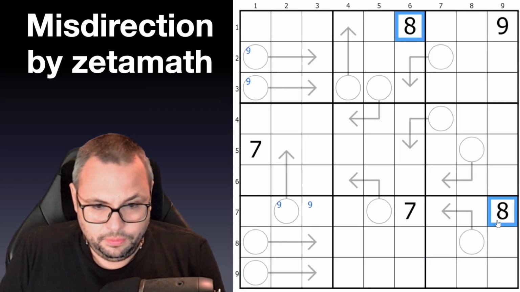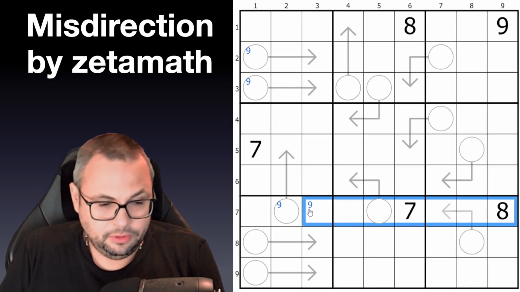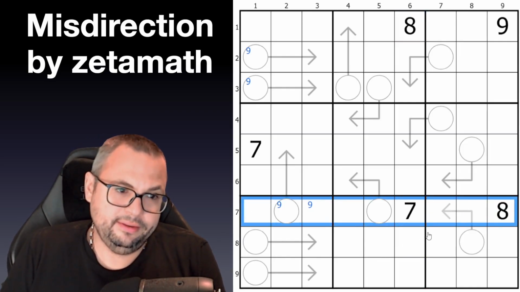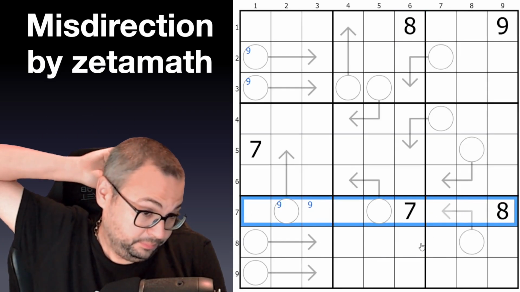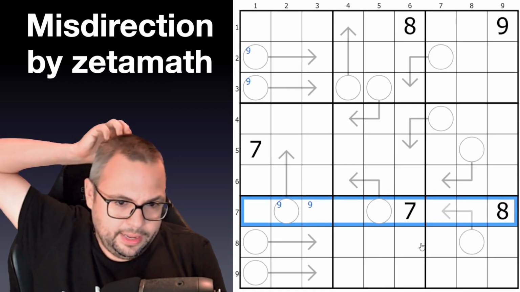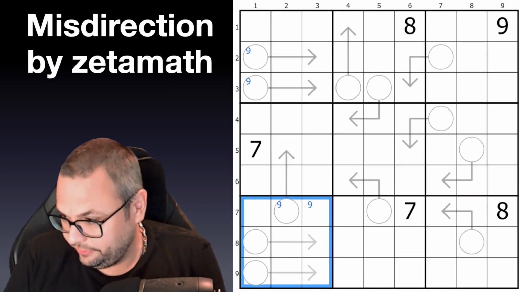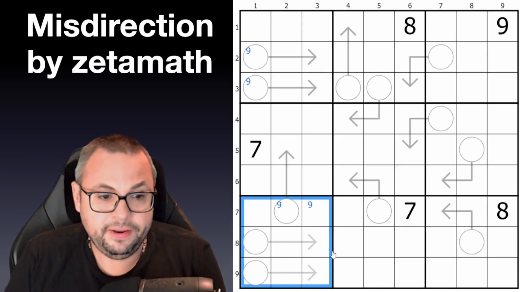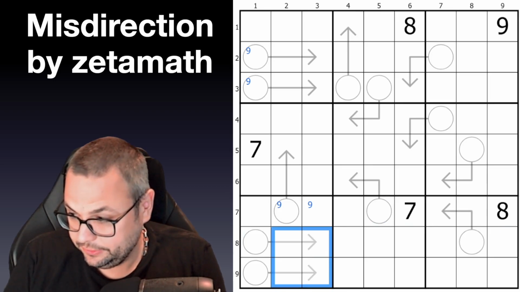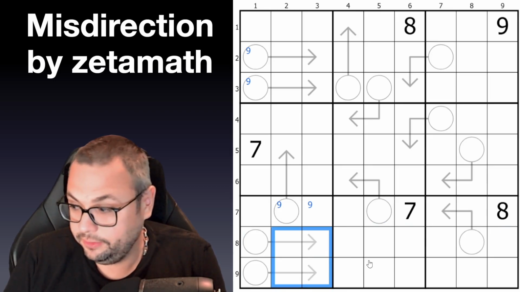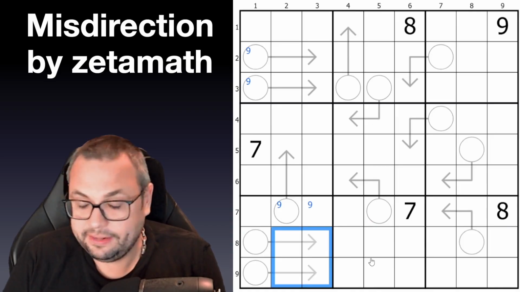Now, we have an 8 looking backwards over at this box. And that 8 is leading me to ask, where am I putting 8 in this box? Now, there's nothing wrong in general with putting an 8 on an arrow. 8 plus 1 is 9. But that's the only thing you can do.